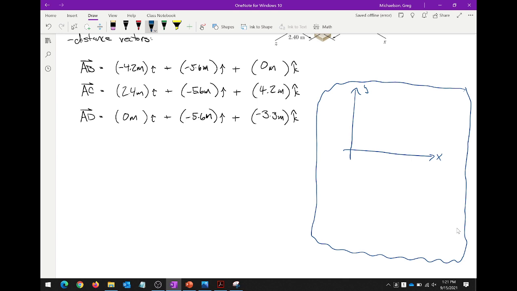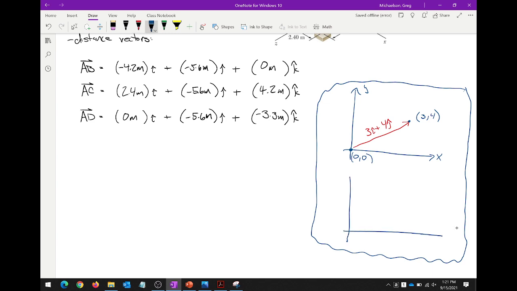Now, I'm going to give you a point here, 0, 0, and I'm going to give you a point here, 3, 4. Now, I want you to tell me what's the ij description for that vector? 3i plus 4j, right? Okay?